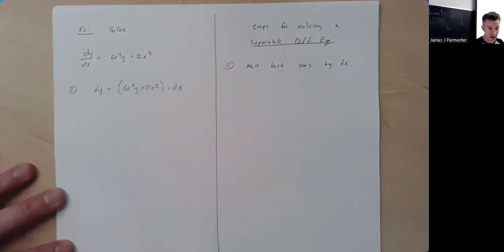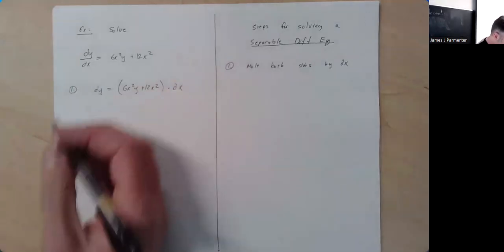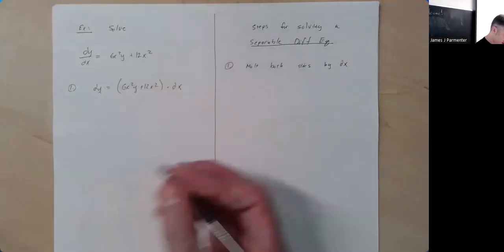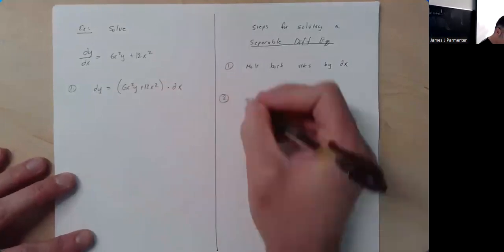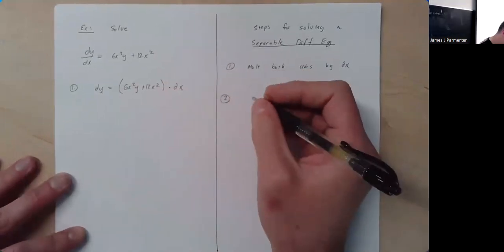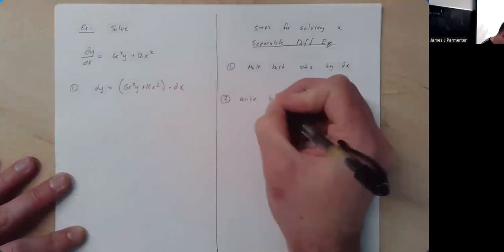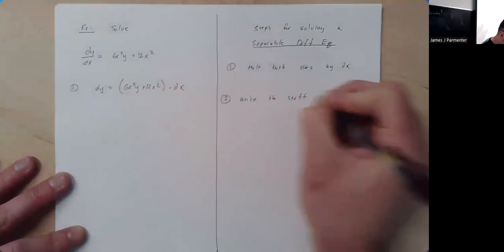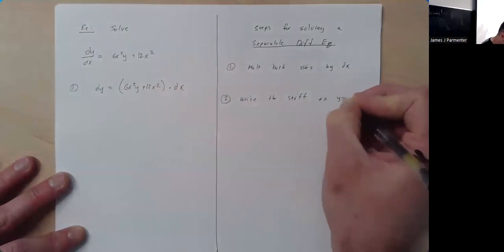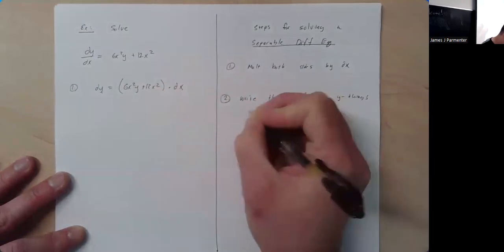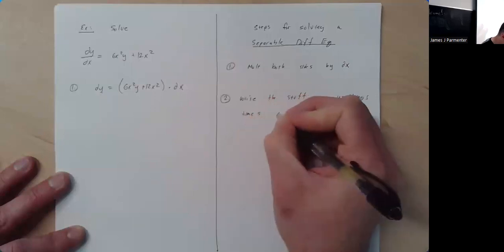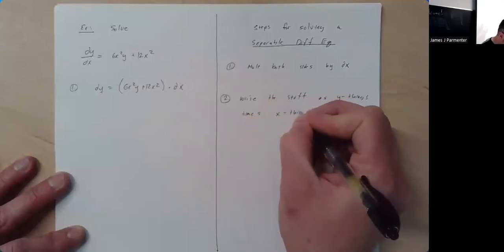Before you can do that, you typically have to factor the right-hand side in some way if it's not already. So usually the second step is to write the stuff as y things times x things. This is the step where things might fall apart.